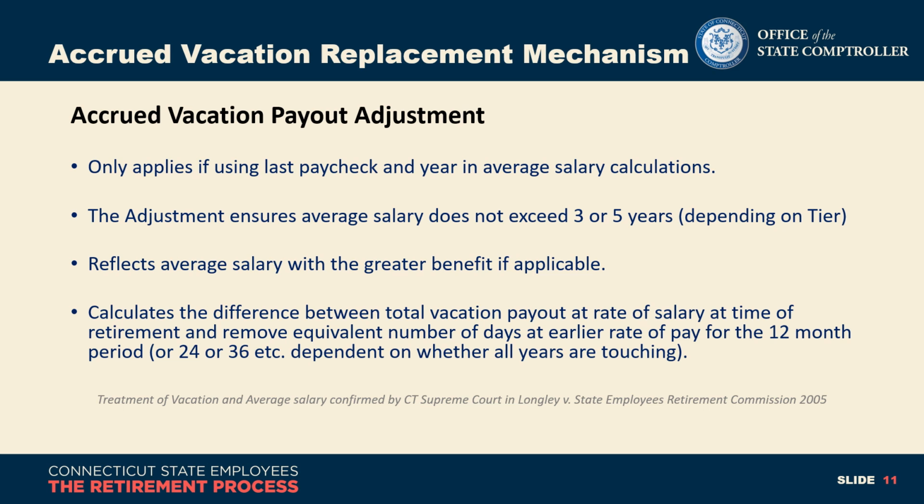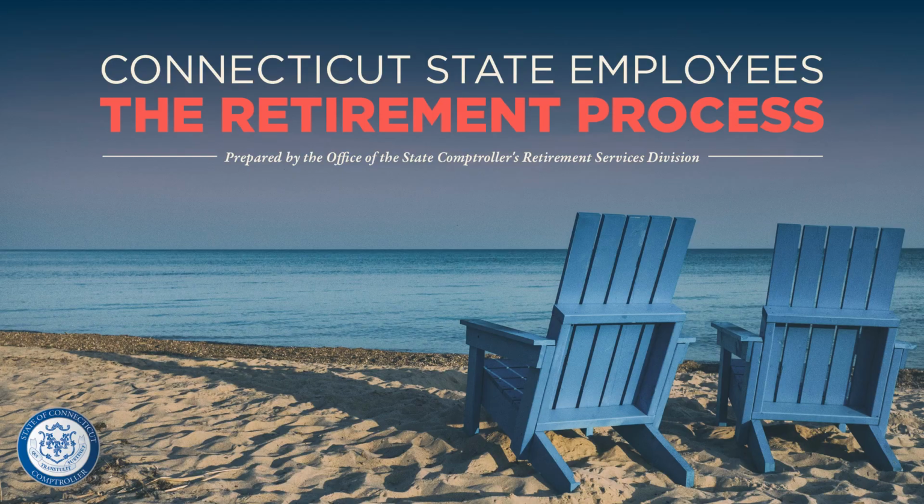This is also reflective of what the average salary would have been if the member worked the equivalent number of days past the retirement date and then retired. It calculates the difference between the total vacation payout at the rate of pay earned on the last day of employment and subtracts out the difference for the same number of days paid at the rate the member was earning at the beginning of that 12-month period.